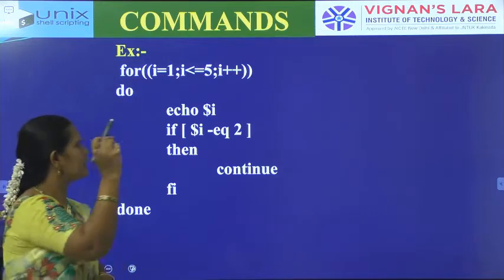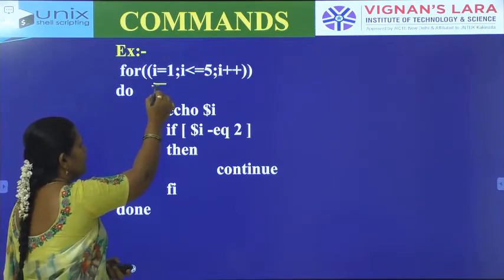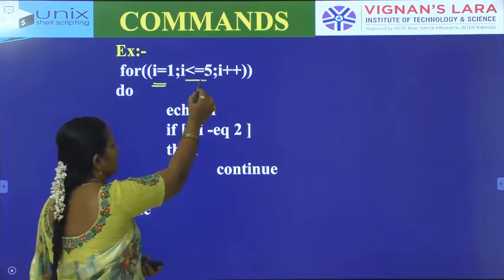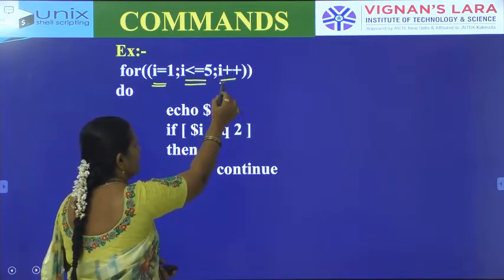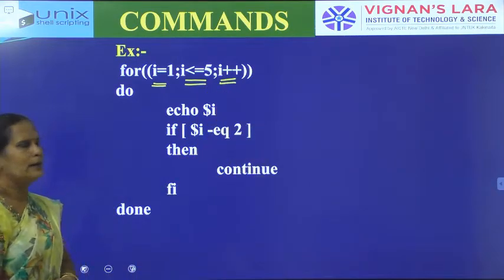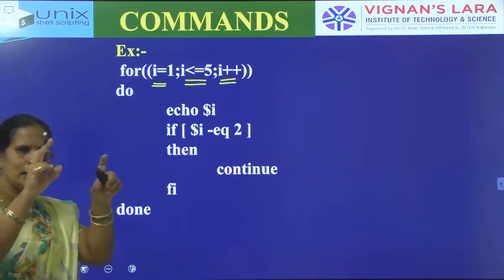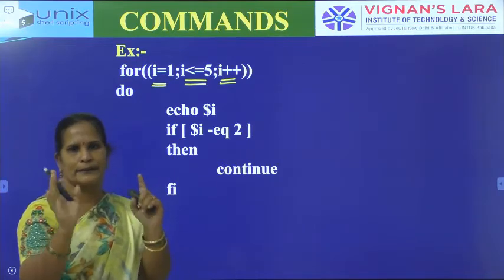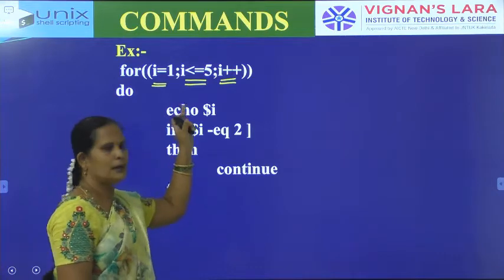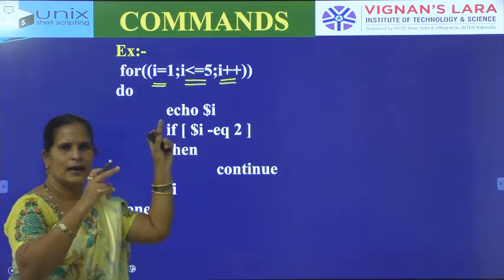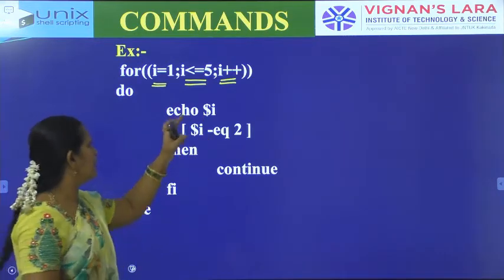Here I specified the continue statement. The continue statement's main importance is to resume the next iteration of the loop. Automatically a new i value will be incremented and the new value of i will be 3. 3 less than or equals to 5 returns true value. Simply the control comes inside the loop.